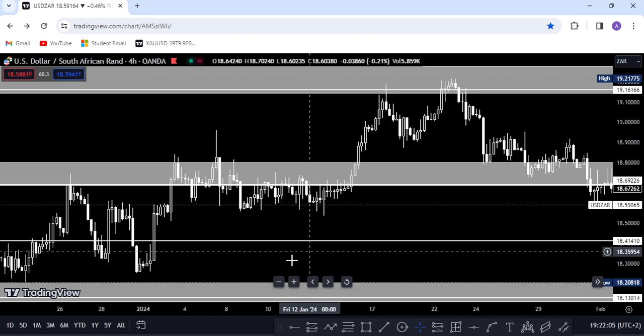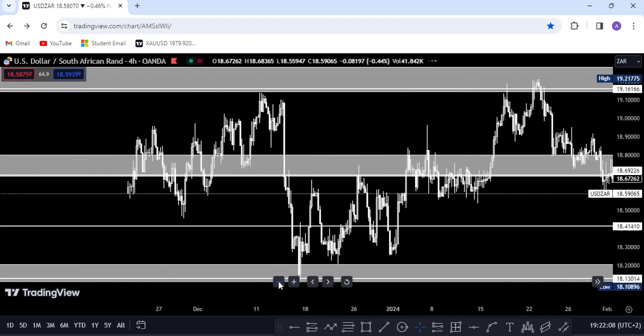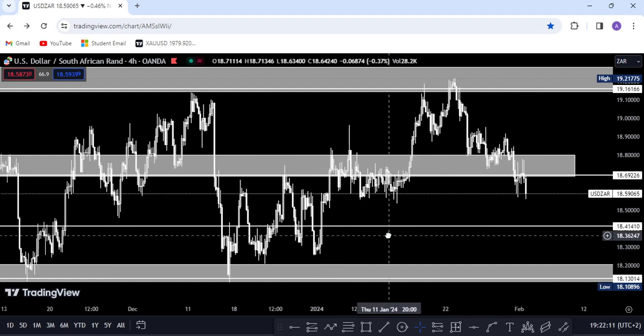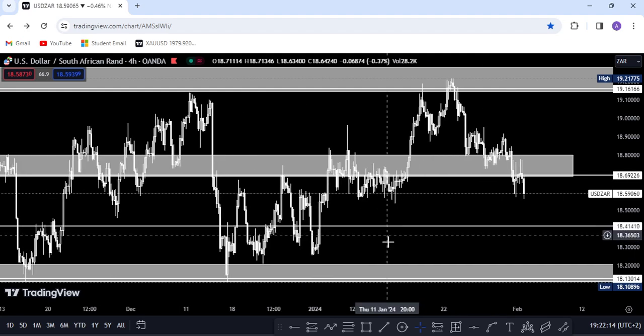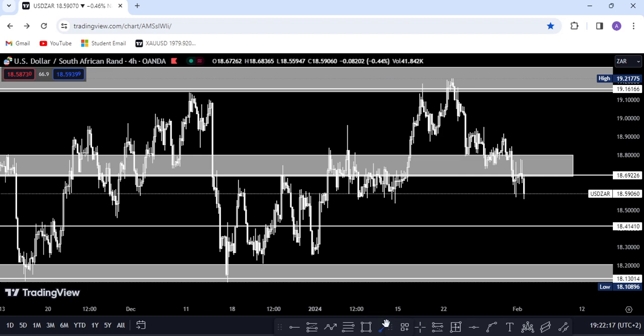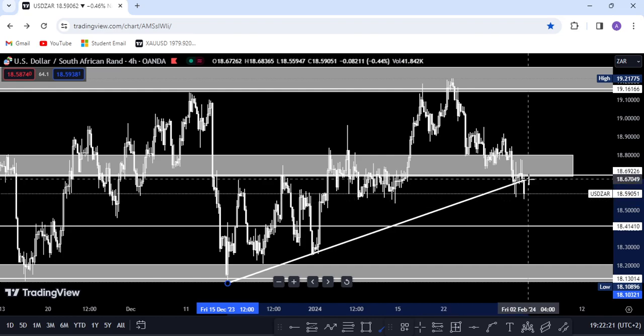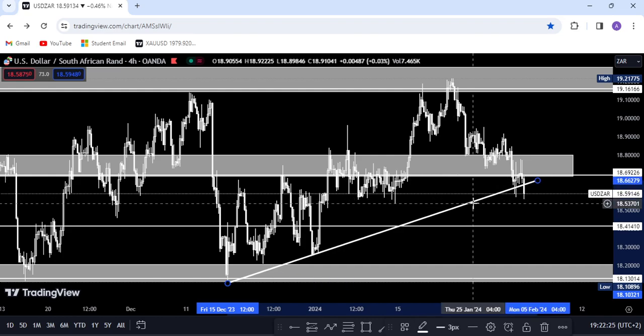Okay, zoom out. I think it's very important, because I've noticed since day one that it's important to know the trend of the market.